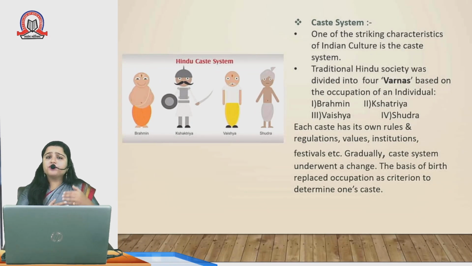Now, one of the most striking characteristics of Indian culture is the caste system. Traditionally, Hindu society was divided into four varnas. On the basis of the occupation of the individual, people were divided into categories like Brahmin, Kshatriya, Vaishya and Shudra. But gradually, this caste system underwent a change.